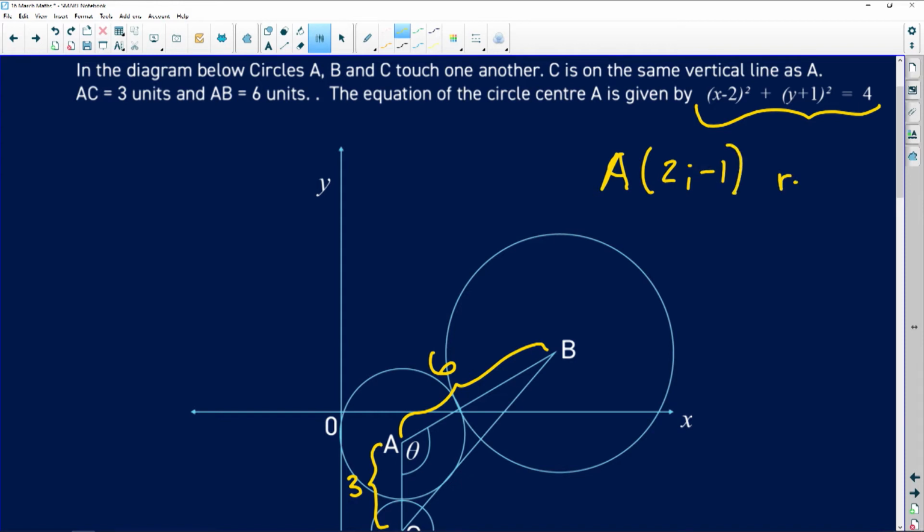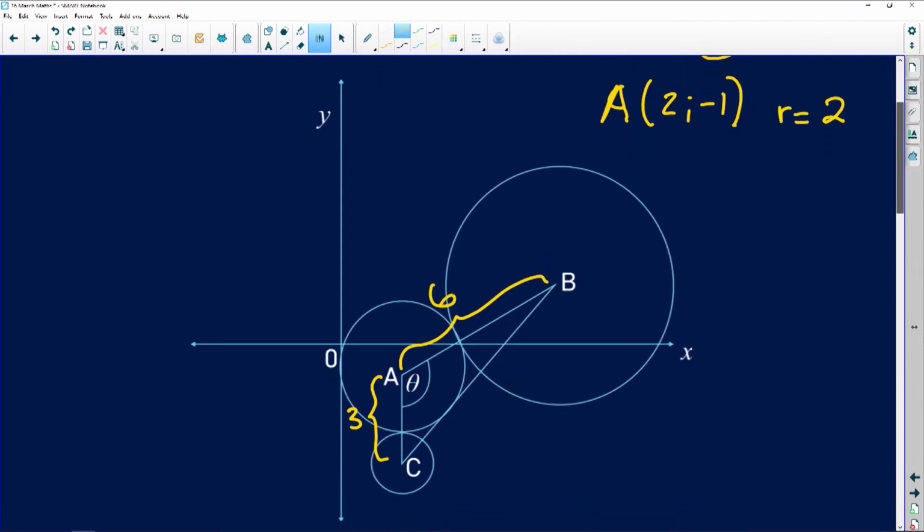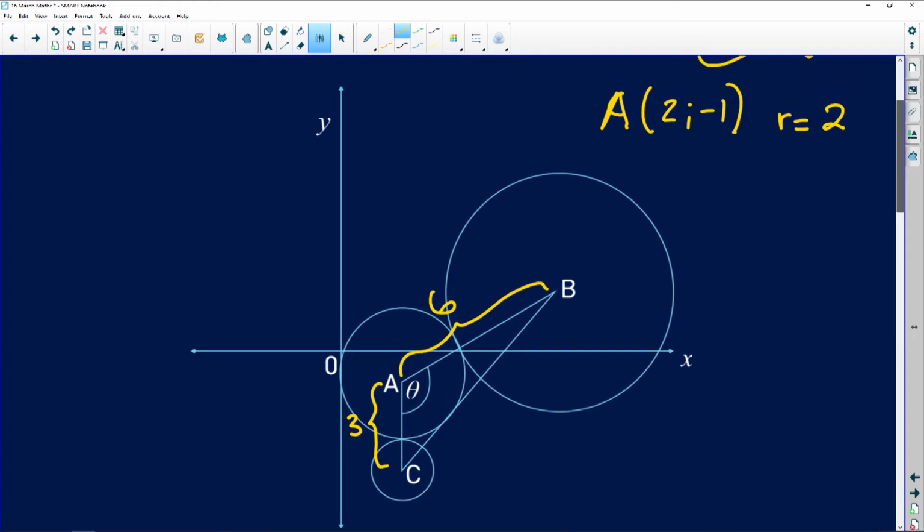And the radius of this circle has to be exactly 2, because what you are looking at there is r squared. This equation of the circle is in the form (x minus a) squared plus (y minus b) squared equals r squared. So the centre is that 2 and that -1 from the plus 1 there. The signs change all the time. And the radius is just the square root of the number on the far right. This is your circle written in standard form. So now I can harvest those two pieces of information as far as the circle centred at A is concerned.